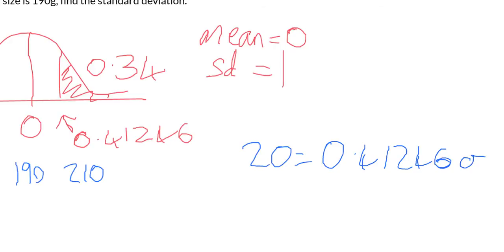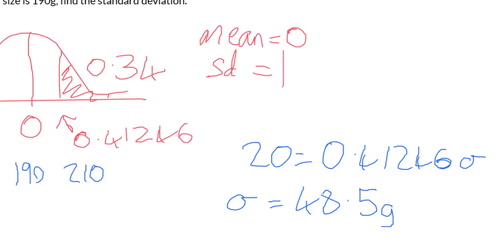So in order to solve the problem, we just go 20 divided by 0.41246 to get the standard deviation, which equals 48.48955, or 48.5 grams. 48.5 grams, and that's our standard deviation.